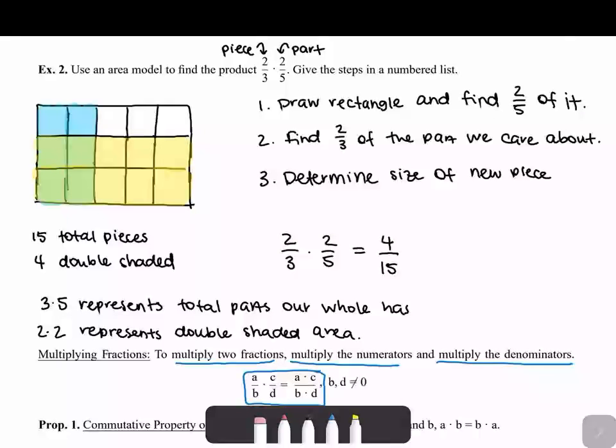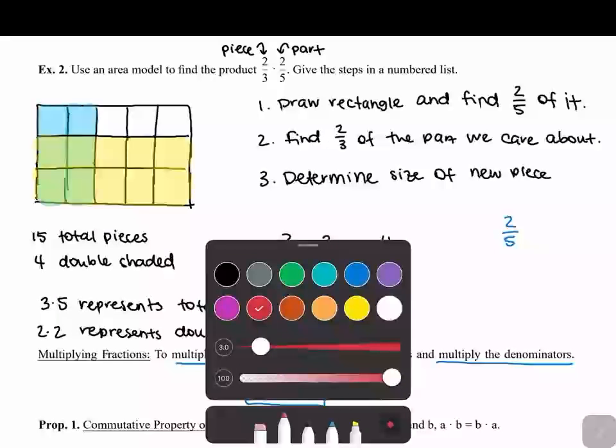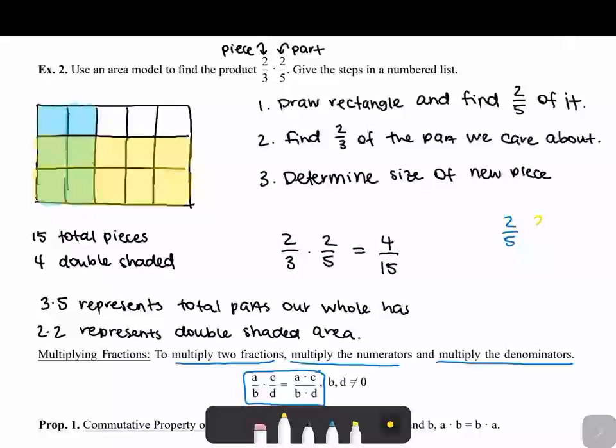And this overlap that formed this green type color, this is the 4/15, the product. So the blue represents 2/5. The yellow represents 2/3. And the green represents 4/15, which is the product of the 2.